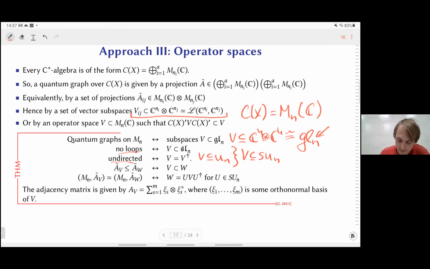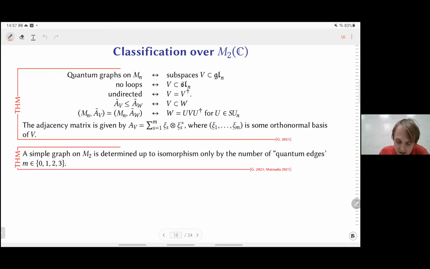But you can use the theory of Lie algebras for the classification, because if you want to classify those quantum graphs up to isomorphism, then isomorphism of quantum graphs is given by some action of SUN, and you know how SUN, for instance, acts on the Lie algebra SUN.